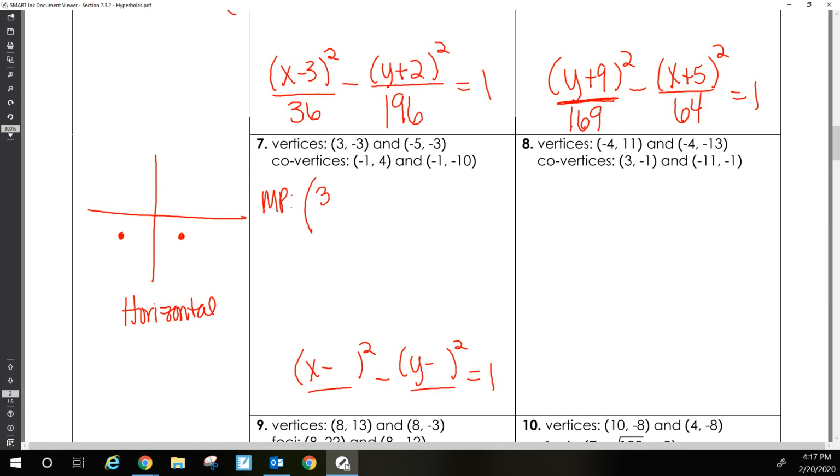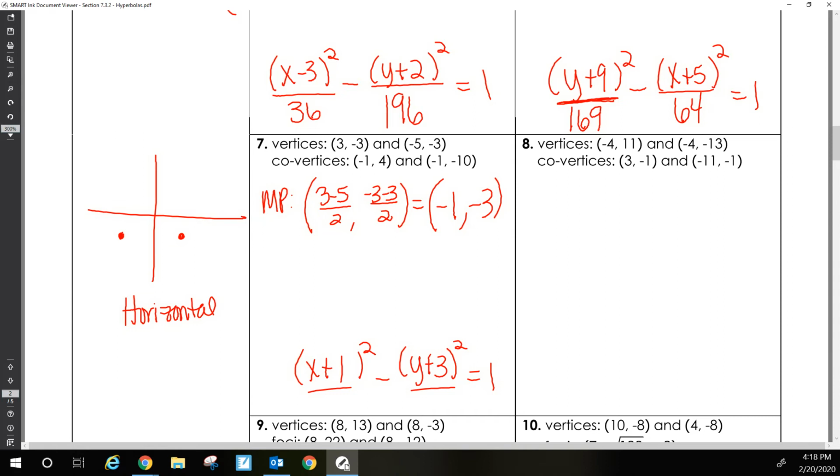So 3 minus 5, -3 minus 3. 3 minus 5 would be -2 divided by 2 is -1. -3 minus 3 is -6 divided by 2 is -3. So it's going to be x minus a -1, y minus a -3.